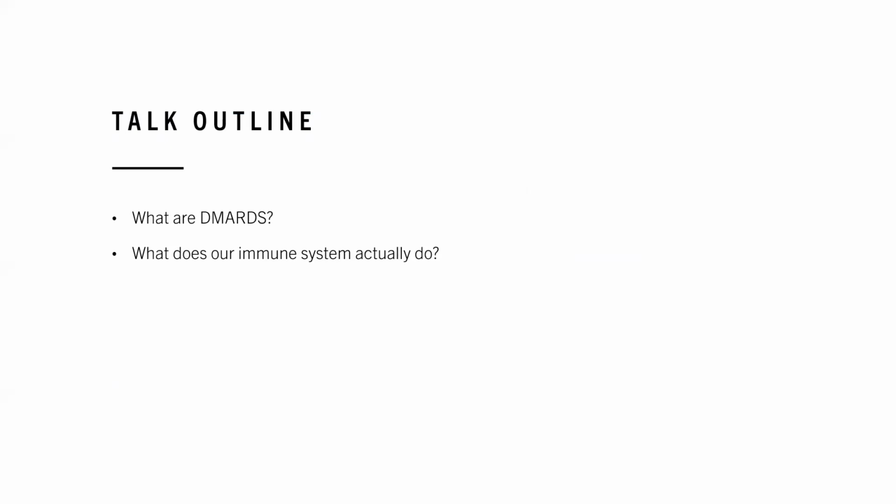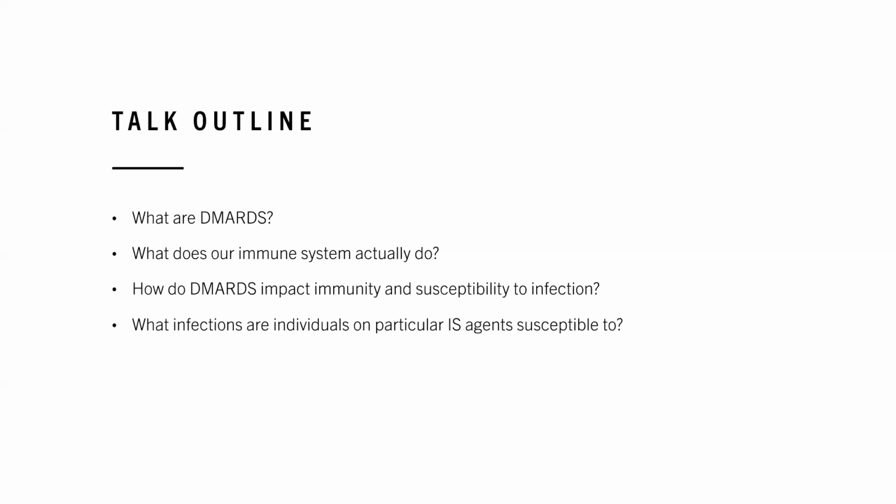We need to understand what our immune system does before we can understand exactly how different drugs impact the immune system and how they impact our susceptibility to infections. Thereafter, we'll go through how specific medications affect immunity, then what infections people are really susceptible to, and then what we can do about it.